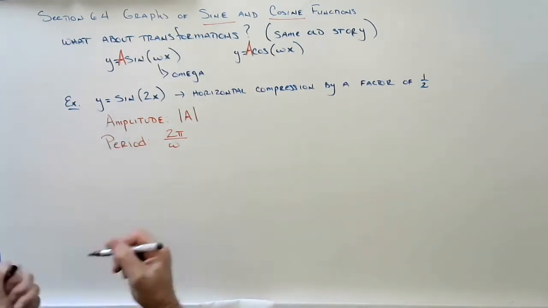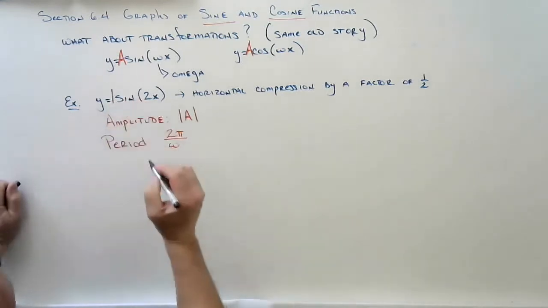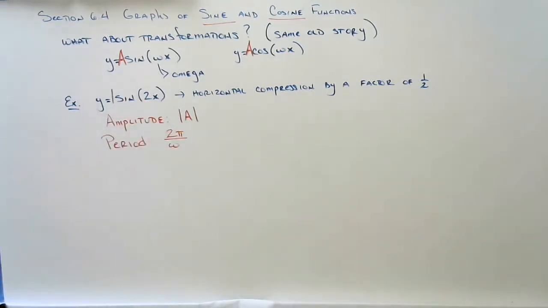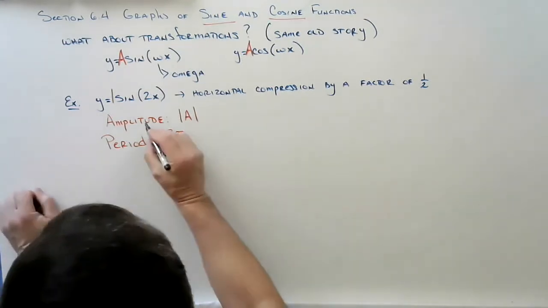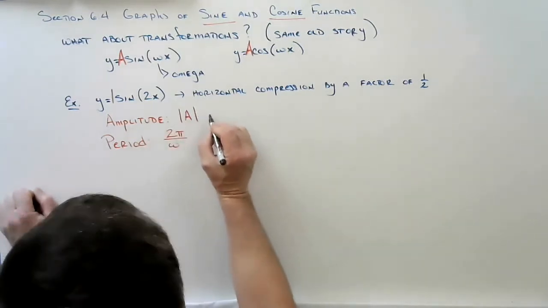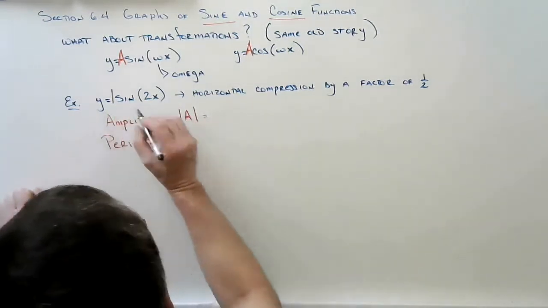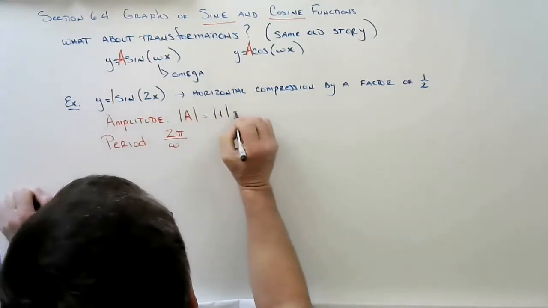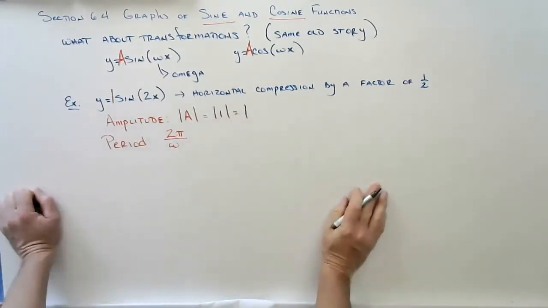Here's my example. Now I'm going to go ahead and plug the amplitude in. There it is. Okay. So if I were doing this and I was turning this in on a quiz or a test and I wanted full credit, I would write amplitude. I'd put a colon, I'd write absolute value of A, and then I would do the work. Absolute value of 1, my amplitude is 1. Okay, now we have to write that down.